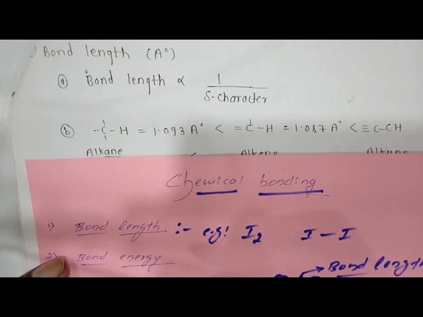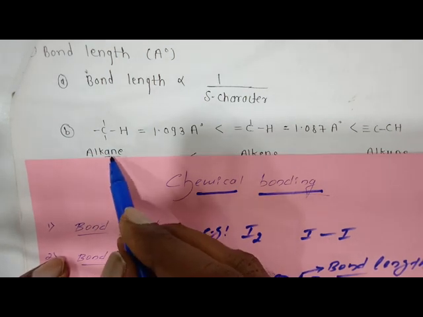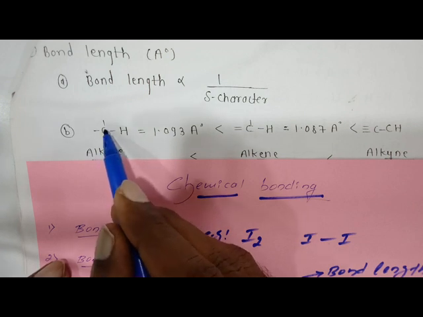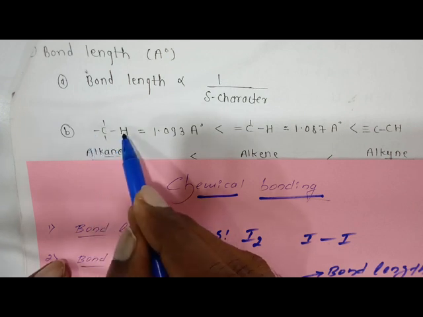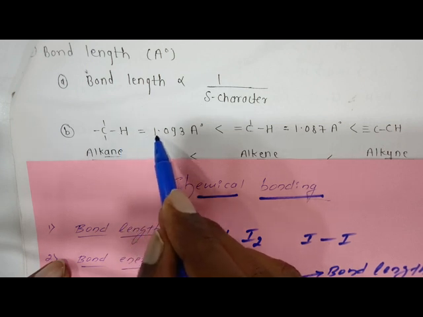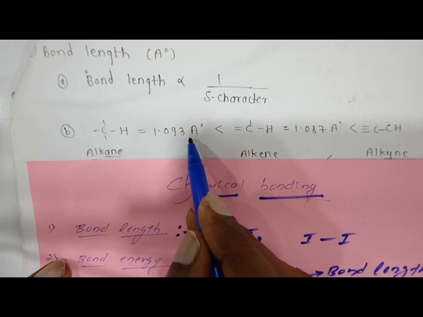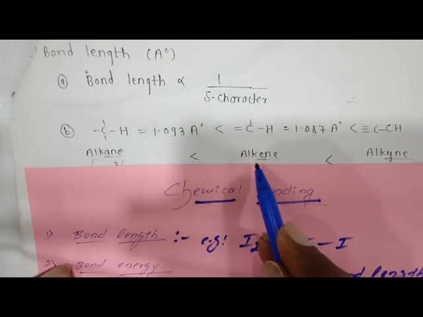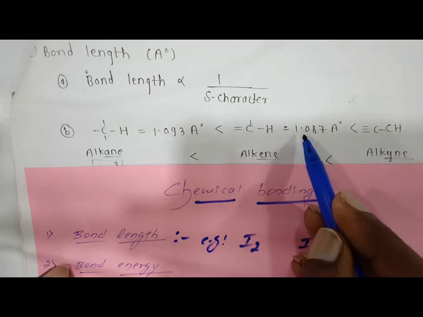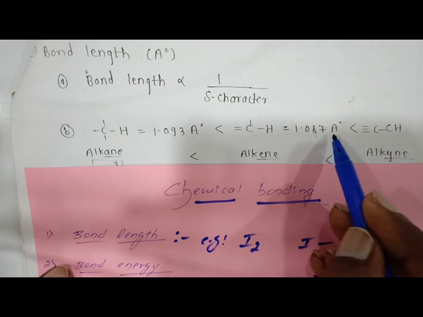Now see, there are certain examples. The first one is an alkane, the C-H bond, which has a bond length of 1.093 angstrom. Now suppose we consider an alkene. Here its bond length is 1.087 angstrom.